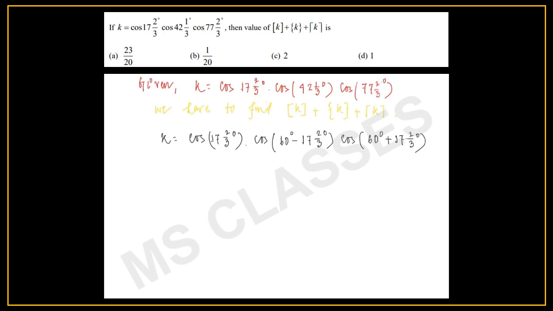Now, if we correlate the given expression with cos theta into cos 60 minus theta into cos 60 plus theta, then we can write this one as 1 by 4 cos 3 theta. So this will be 1 by 4 cos 3 into 17 2 by 3.